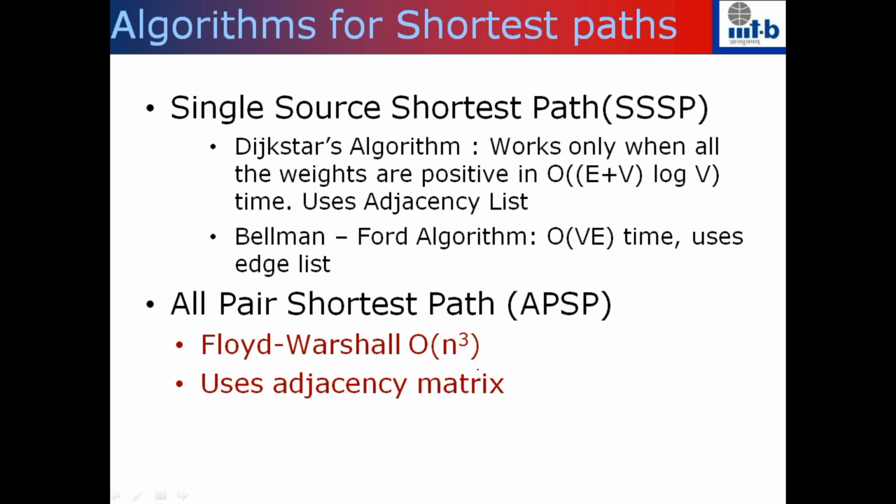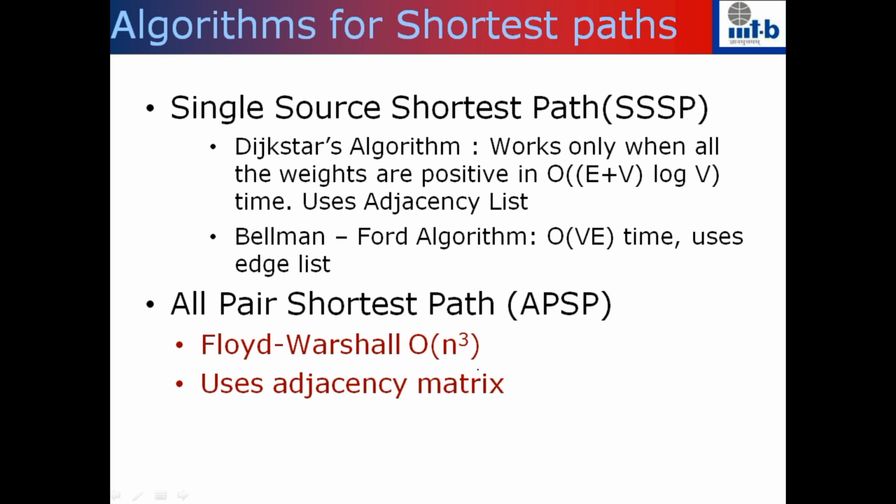We'll come back to the details of Dijkstra in the next few videos. So I'll quickly show the Bellman-Ford algorithm and the Floyd-Warshall algorithm. It's easy to understand these algorithms. It's only a few lines of code, and it's also easy to tell that the Bellman-Ford algorithm is order V into E, and the Floyd-Warshall algorithm is order n cube.